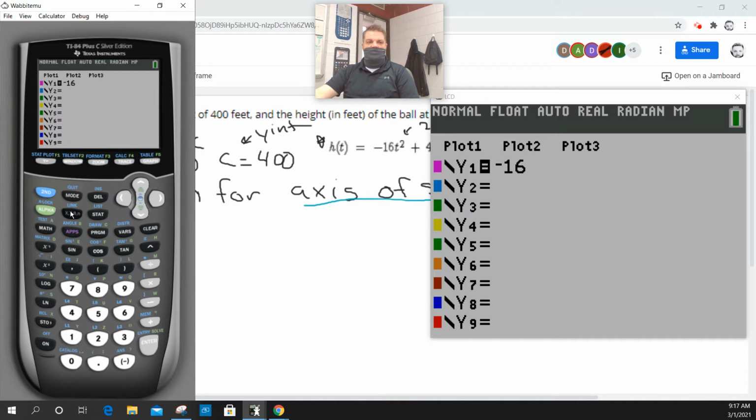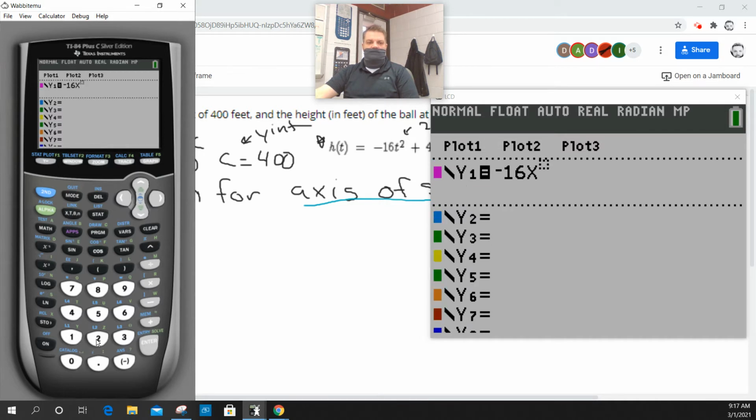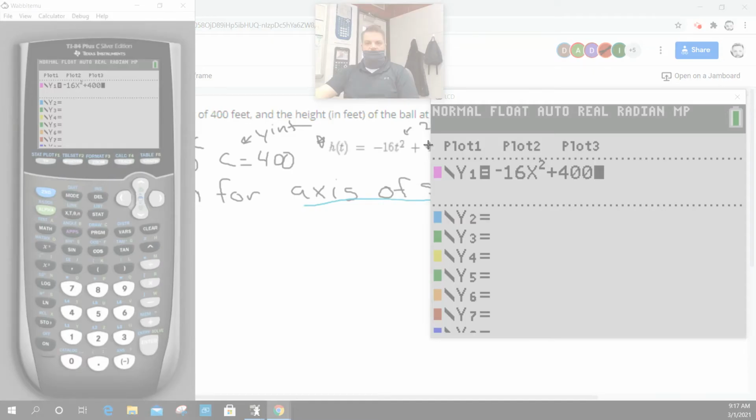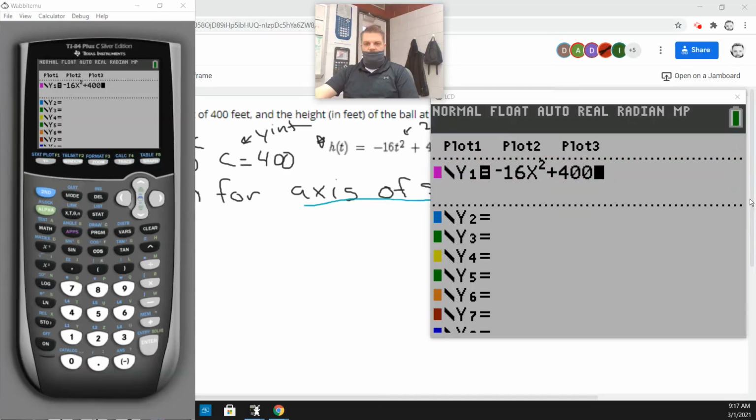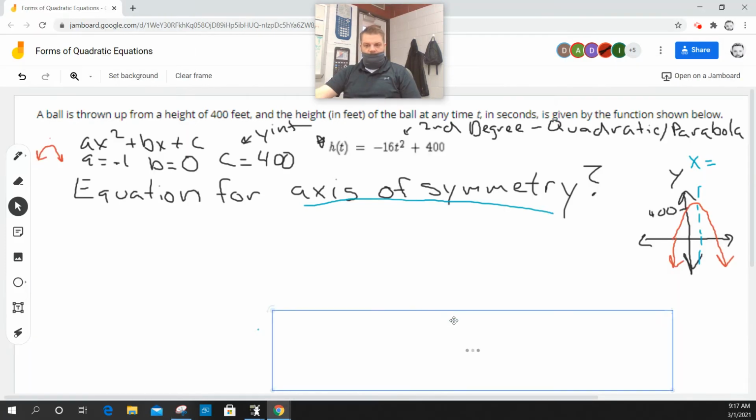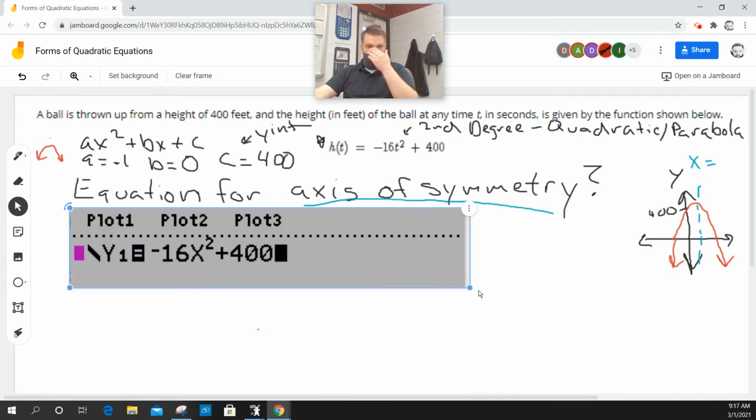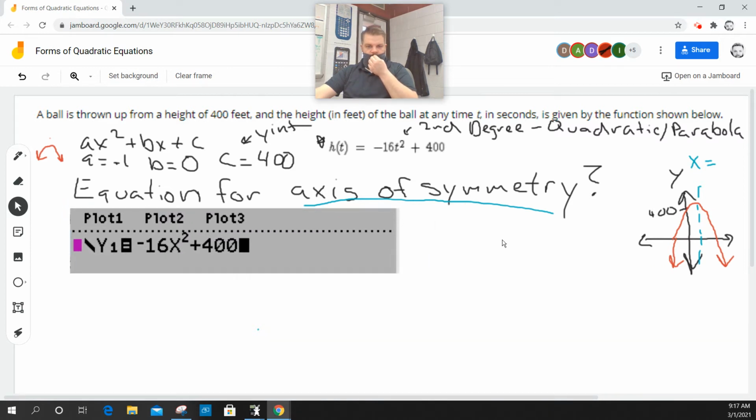I can't put t, so I'm just going to put x squared plus 400. So let me take a screenshot of that so you guys could see it. That's what that's going to look like. So make sure that you have it entered in your calculator that way.